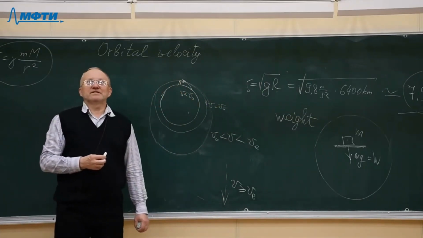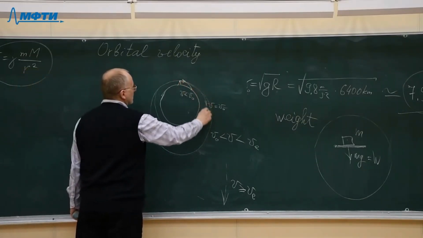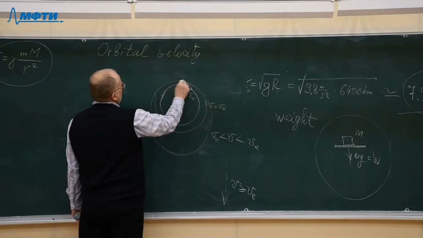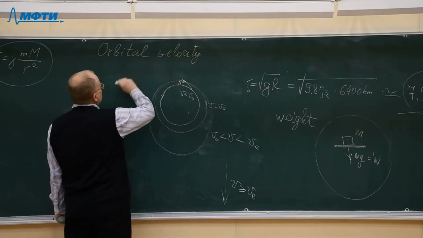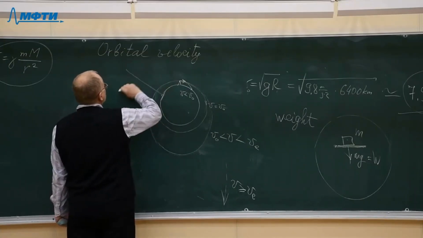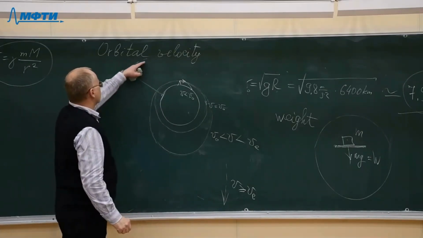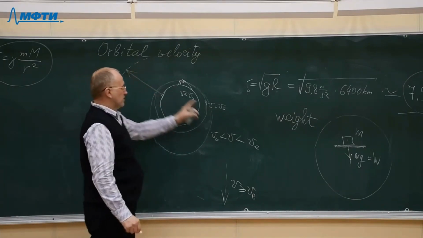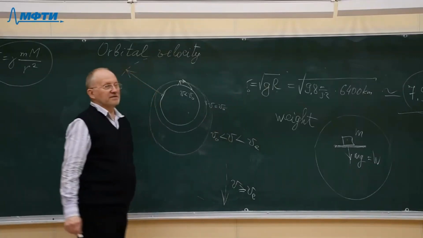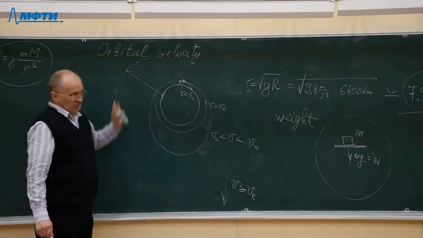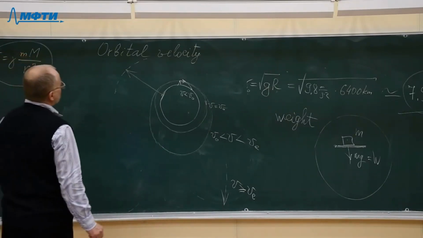Actually, this is not quite correct, because I considered only the velocities of low orbital motion. If we take into account the possibility to launch the satellite to a high orbit, then we will discover that the velocity at this high orbit is less than the orbital velocity, less than the 7.9 kilometers per second. But this is a separate issue, and we will consider it if we have time.